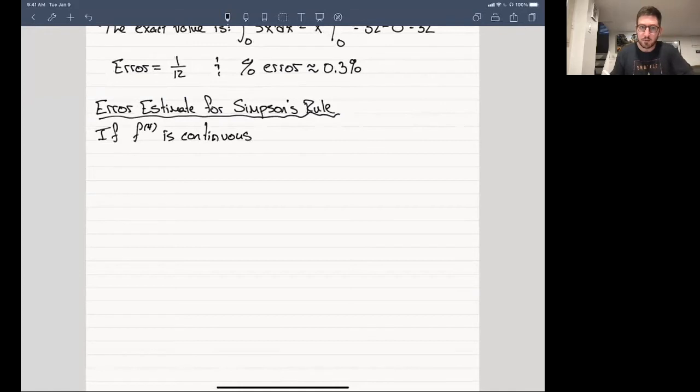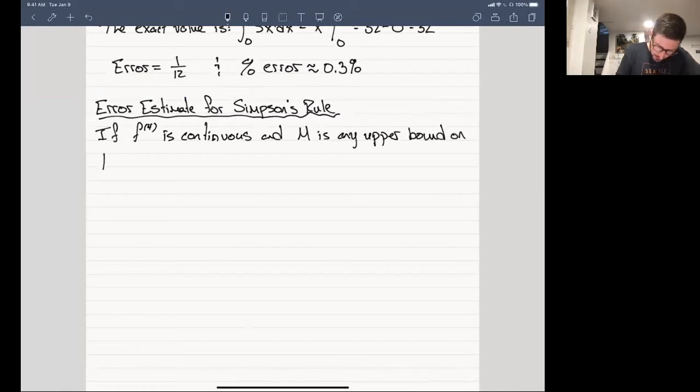And just like the trapezoidal rule, we need M to be an upper bound, any upper bound on the absolute value of the 4th derivative on the interval [a, b].